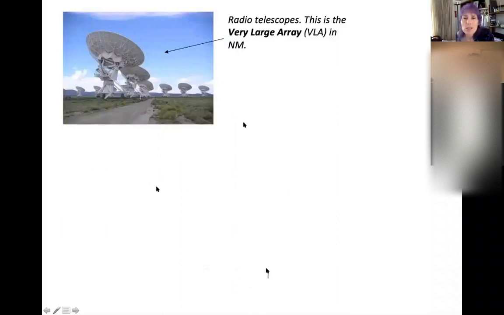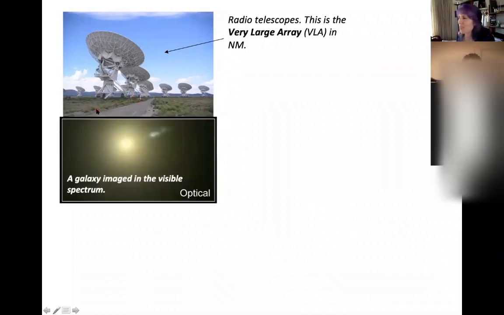Okay, so let's talk about how we use that electromagnetic spectrum to find out information. Here is the Very Large Array. And you can see here, there's a little van, an RV for research there. So these are actually quite large, right? Very large array.